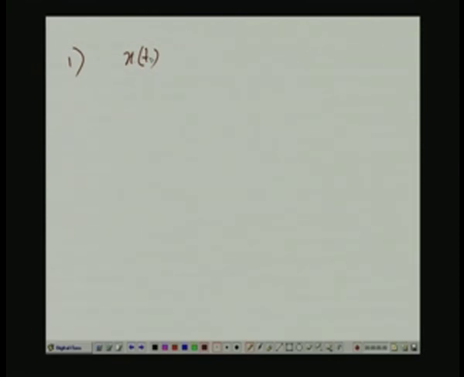In that case, in the previous inequality, we had R_xy, that is E[x y star]. Now, suppose I consider x(t) as your x in the previous case, and y equal to x(t minus tau), so that this is y star.